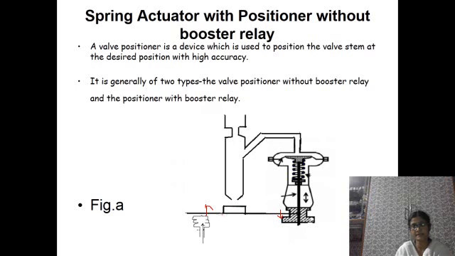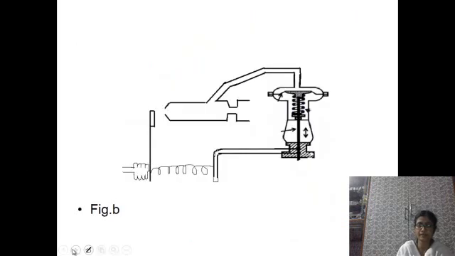As a result, the stem will move towards the seat area, or if it is air failure to open type, you should understand that the stem will move downward. So whatever be the type, accordingly it will take the action.